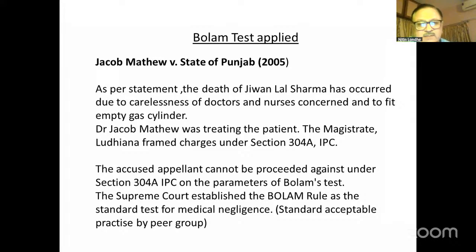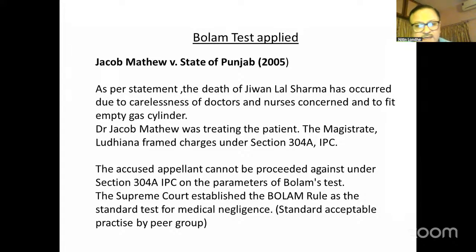Dr. Jacob Matthew was treating the patient, and the magistrate of Ludhiana framed charges under Section 304A of IPC, which is death due to negligence. The accused appellant cannot be proceeded against under this particular section on the parameters of the Bolam test. That is what the Supreme Court ruled in this case, and this was the beginning of how consent would be looked at by the judiciary.